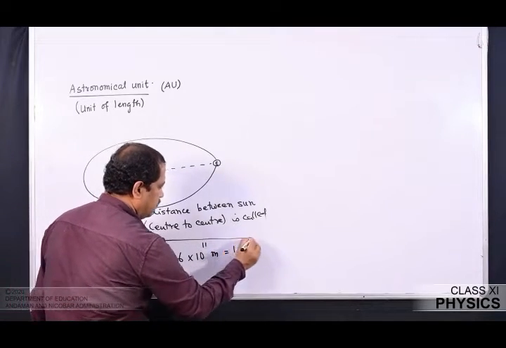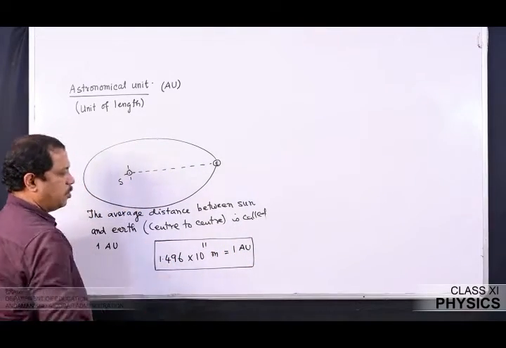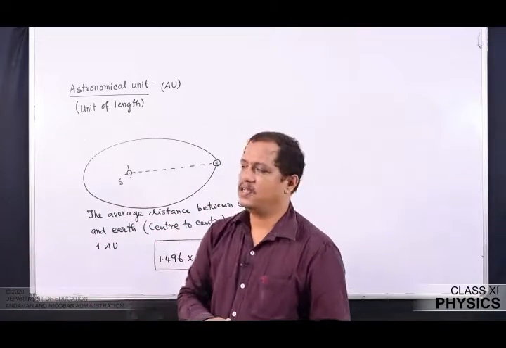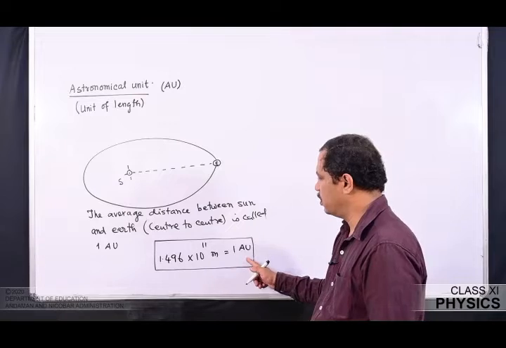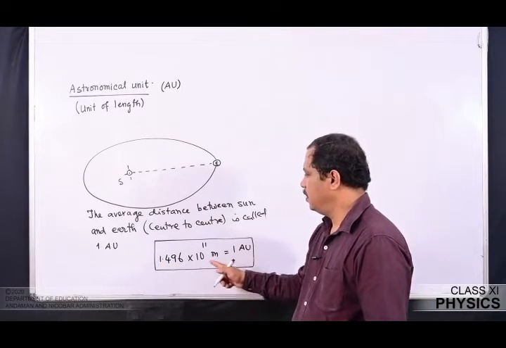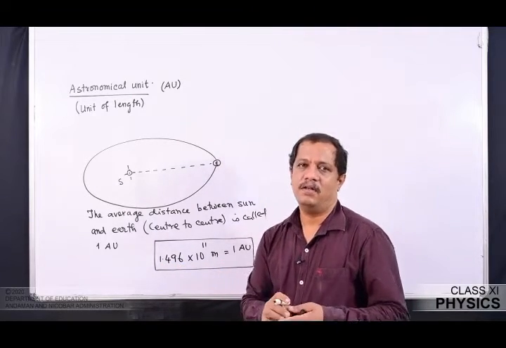So, whenever in a problem the value is given as 1 astronomical unit, I will replace it with the SI value, 1.496 into 10 power 11 meter.